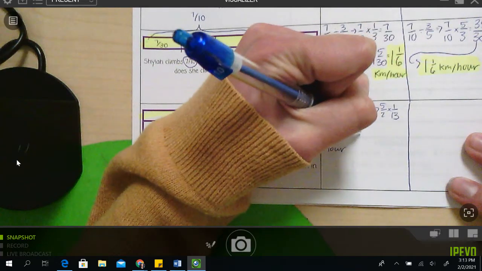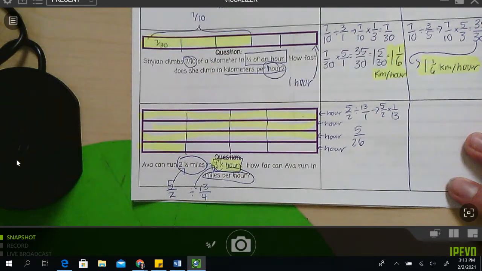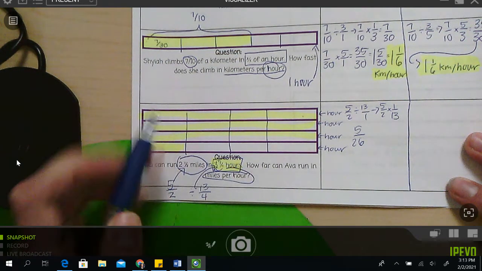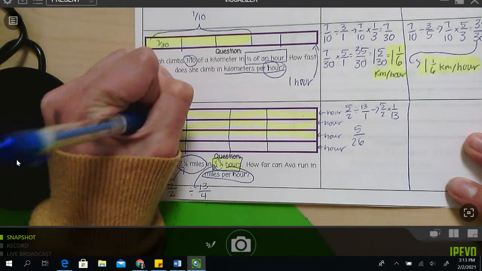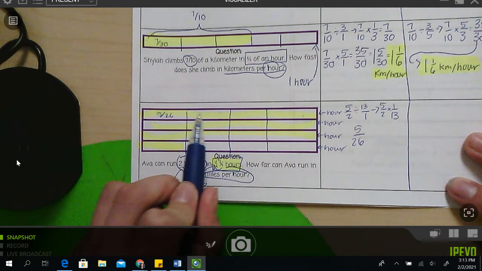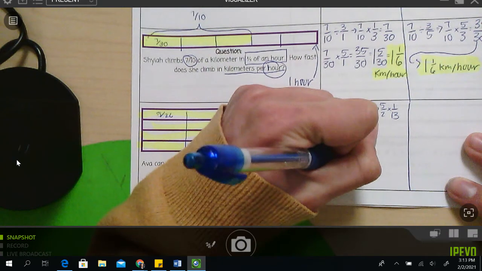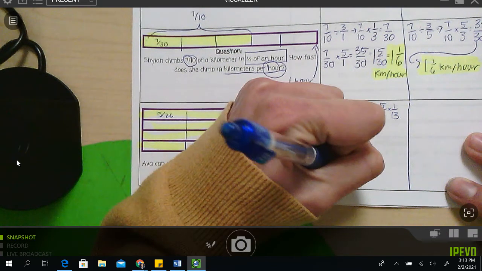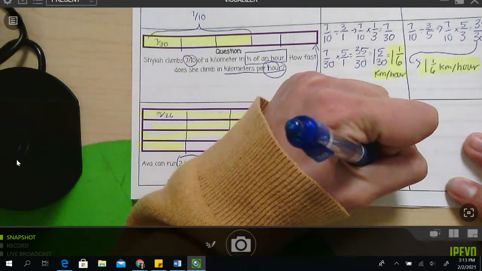5 times 1 is 5. 2 times 13 is 26. Okay, so we've taken that 2.5 miles, we've split it amongst the 13 pieces. So now 5/26 is 1/4 of an hour. In order to get a whole hour, we need to multiply that by 1, 2, 3, 4. So we're going to do 5 over 26 times 4 over 1. 5 times 4 is 20. 26 times 1 is 26.